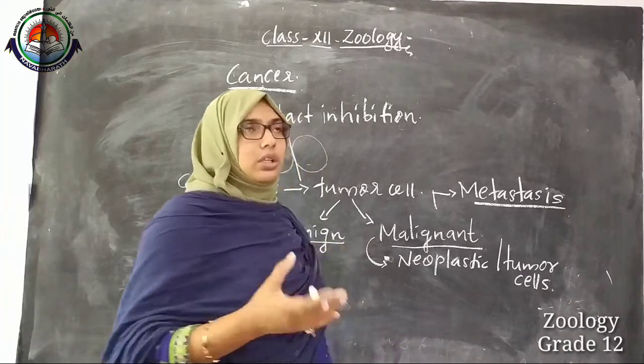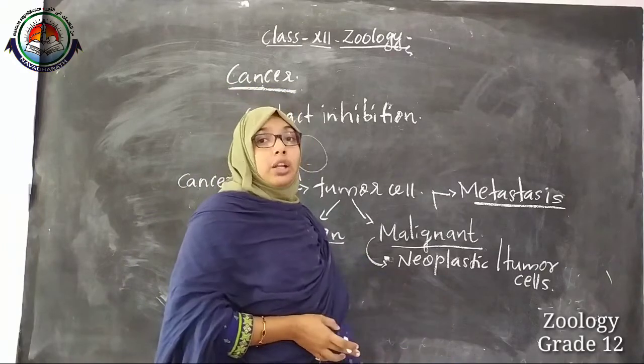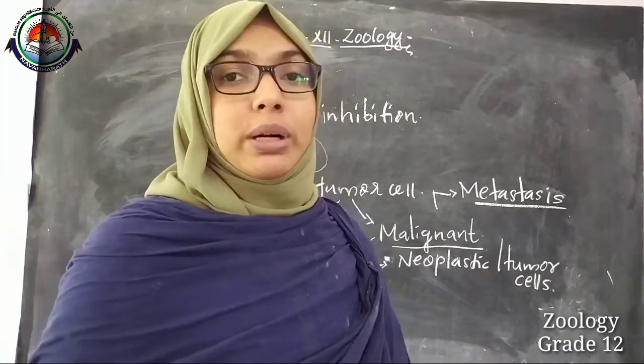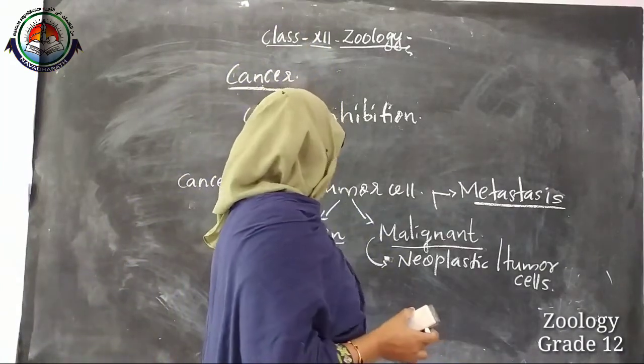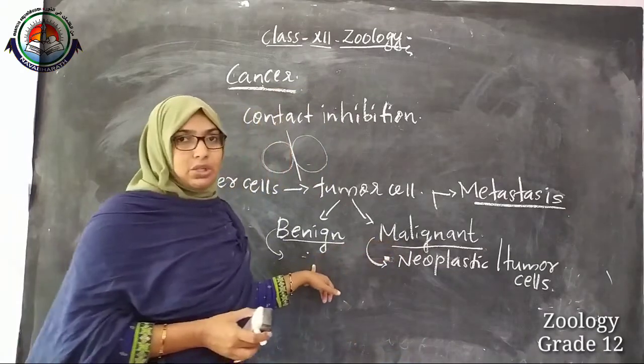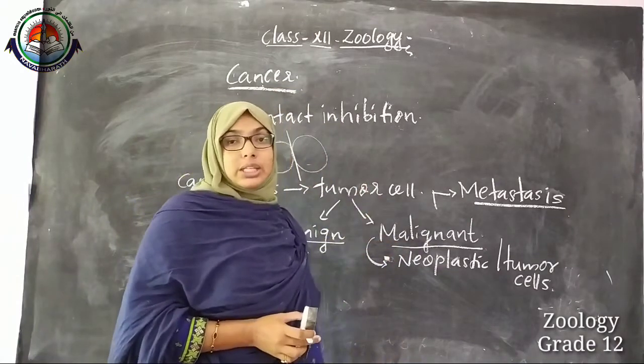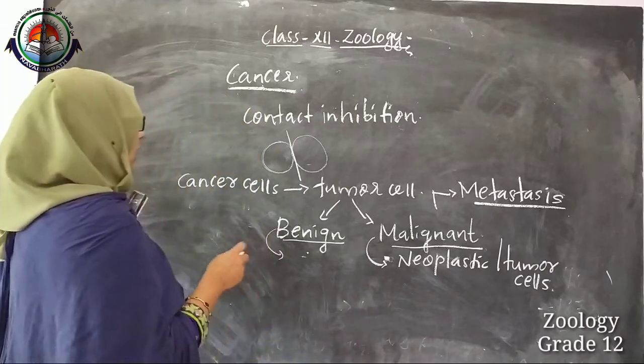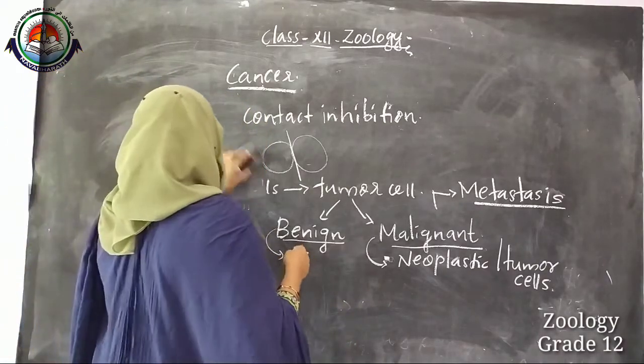Even if treated, it is a lethal tumor condition. So the two types of tumors are malignant and benign tumors. You have to differentiate and study them. That's all for the introduction to cancer.